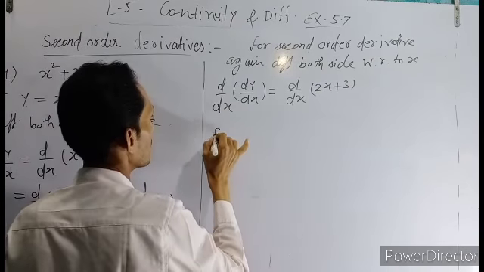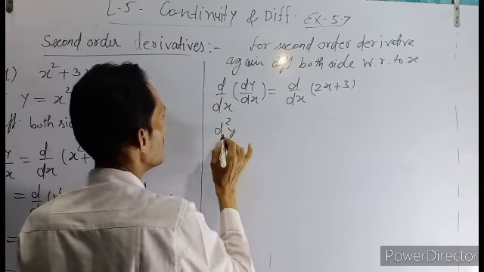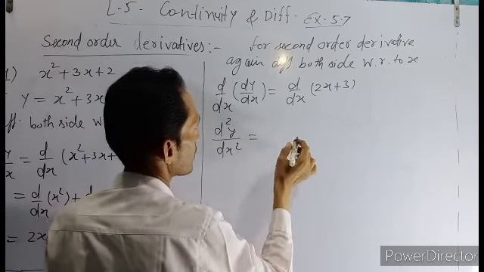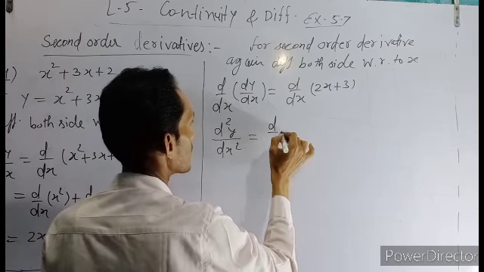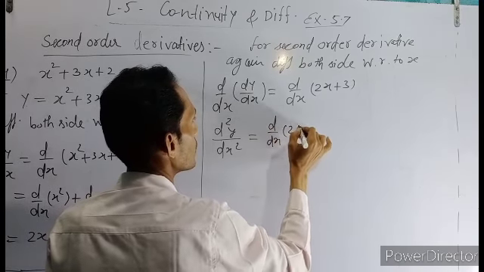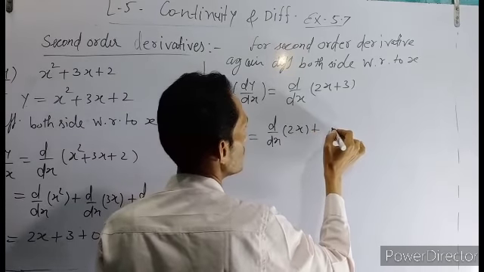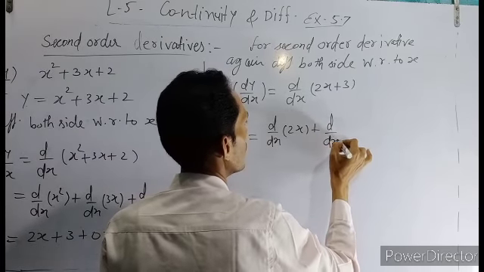So that will become d square y upon dx square, that is called the second order derivative, and d/dx of 2x, distribute the derivative in this function, d/dx of 3.